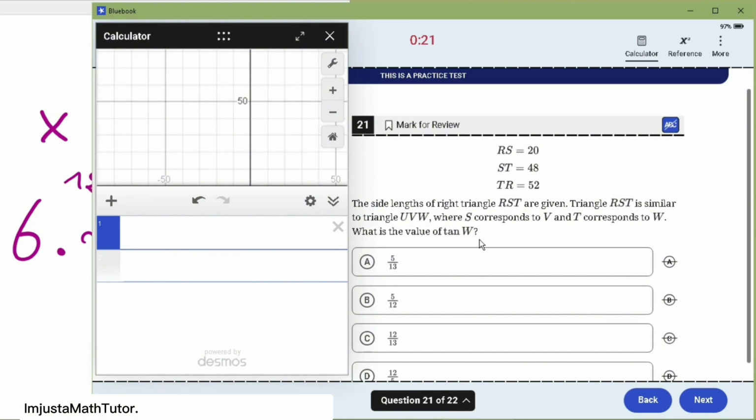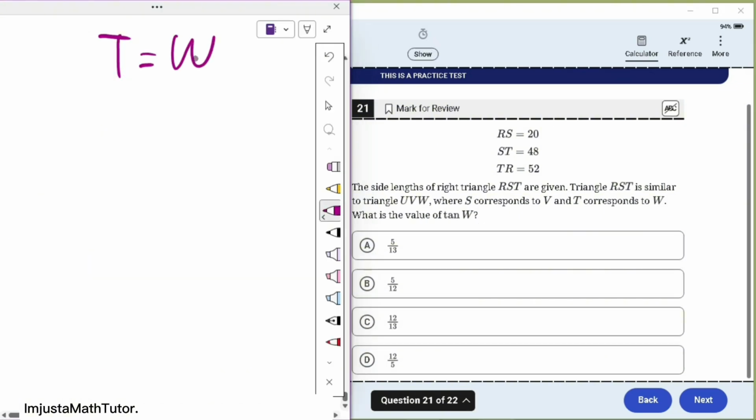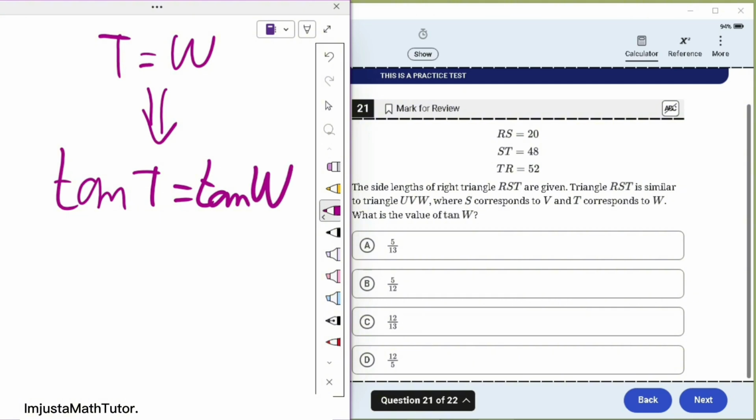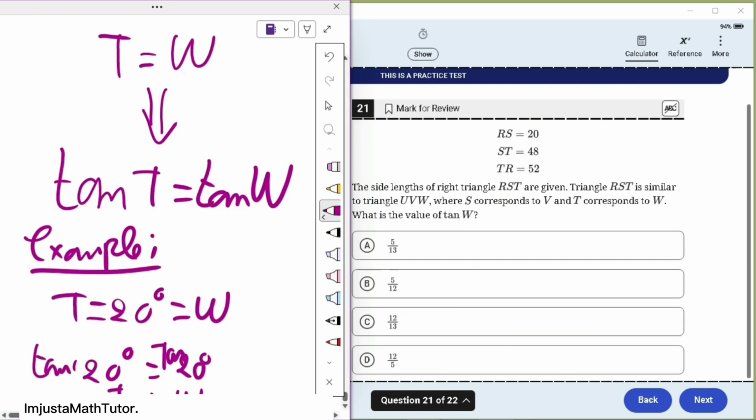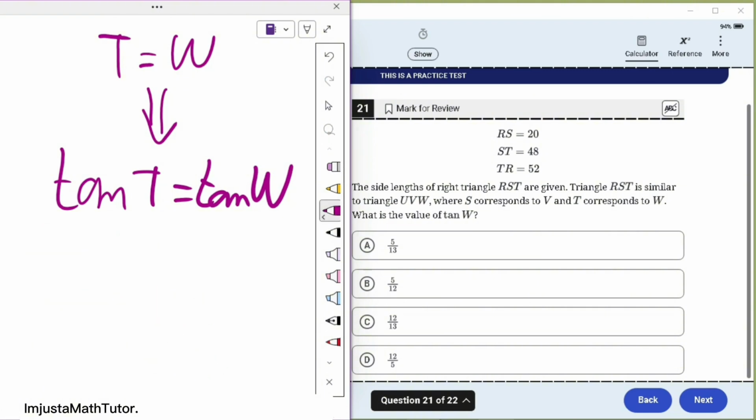T corresponds to W means that T equals W, which implies that tangent T equals tangent W. Example: if T equals 20 degrees, for example, then that must equal W. And 20 degrees equals 20 degrees, so tangent 20 degrees equals tangent 20 degrees. And that is just an example to showcase this. So it's sufficient to find the tangent T.